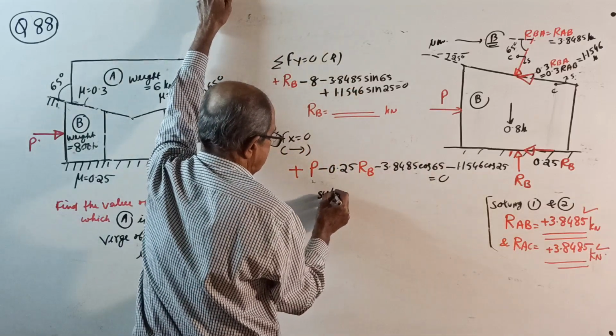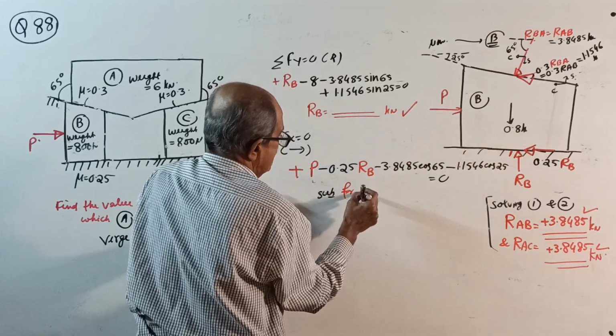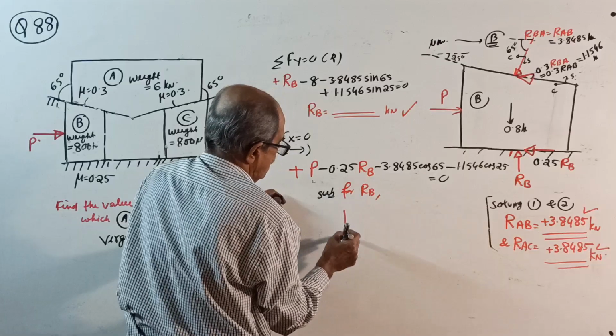What do you do? Substitute for RB. Just now you got RB here. Substitute for RB, you get the value of P.